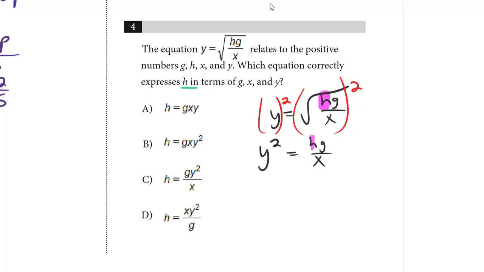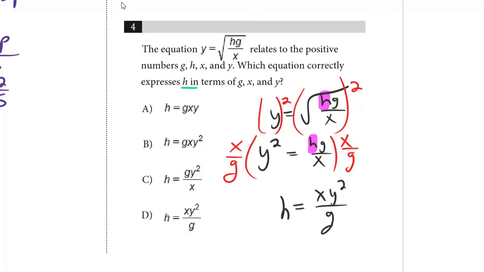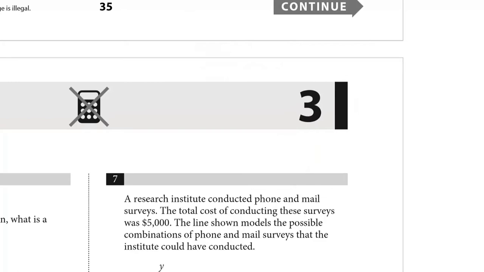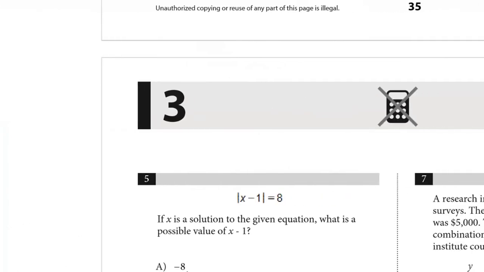And we're trying to get that h by itself. So what's happening to it? It's being multiplied by g and divided by x. So let's go ahead and do the opposite. Let's multiply by x and divide by g. So now we've got h equals x times y squared all over g, which looks like answer choice D for number 4.